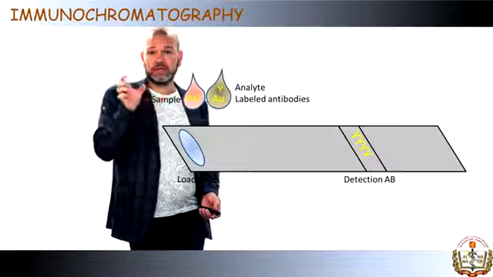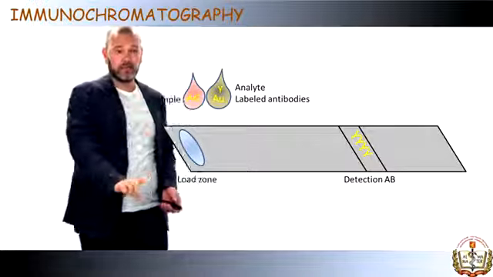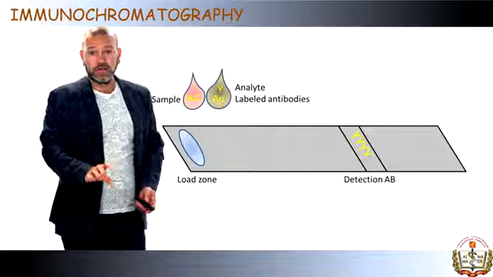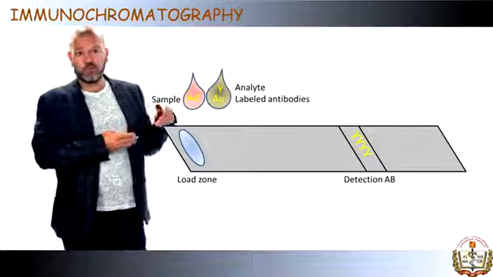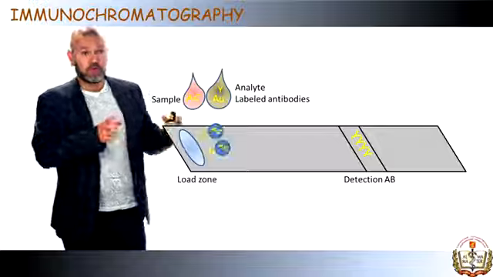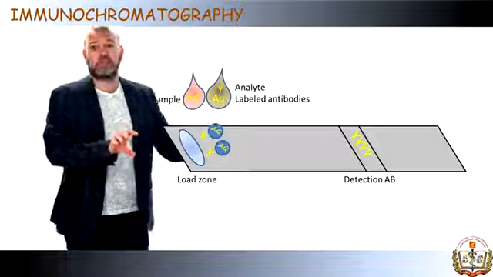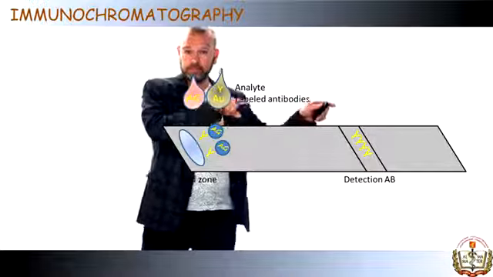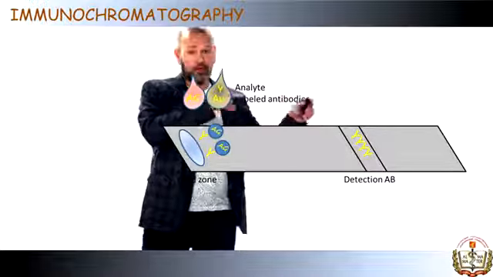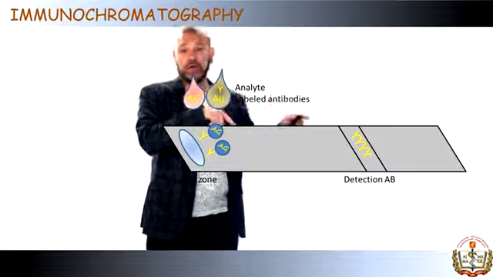You need to mix sample and analyte solution, put it in the lower zone, the sample window, and after you mix, if your test is positive, an antigen-antibody complex will be formed. You will have the complex in the strip, and it should migrate toward the antibodies on the solid support by capillary flow.